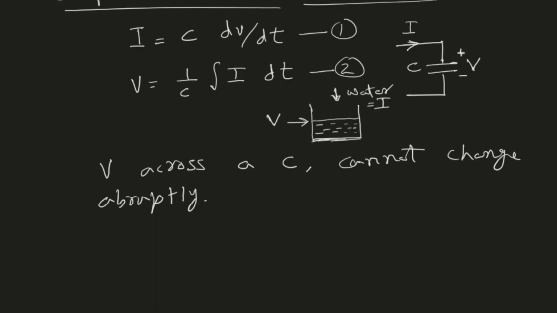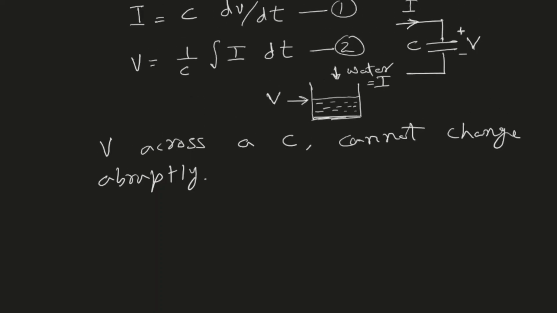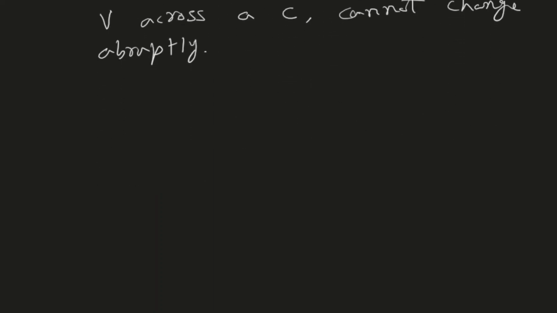By this we mean that the voltage can change slowly as a function of time, but we cannot expect that a voltage was 10 volts at a given time and all of a sudden it jumped to, let's say, 20 volts. That abrupt change is not possible for a capacitor, and we will look into that a little more.